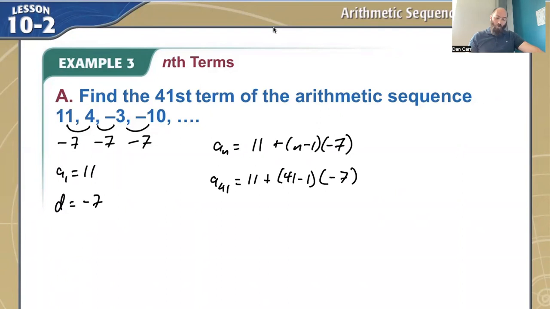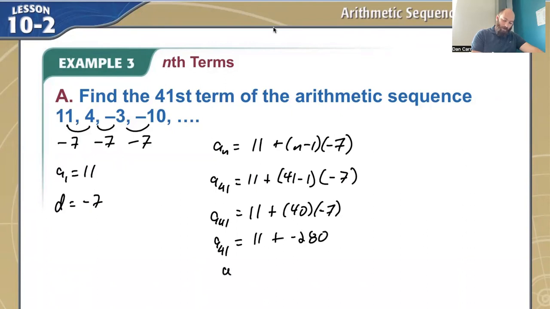So 41 minus 1 times a negative 7. So a sub 41 is equal to 11 plus 40 times a negative 7. We'll do our multiplication first. That's going to be a negative 280. And then we can combine that with 11. So we get a negative 269 for my 41st term.